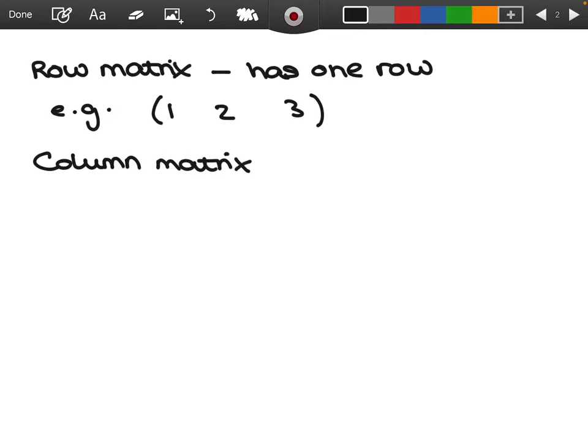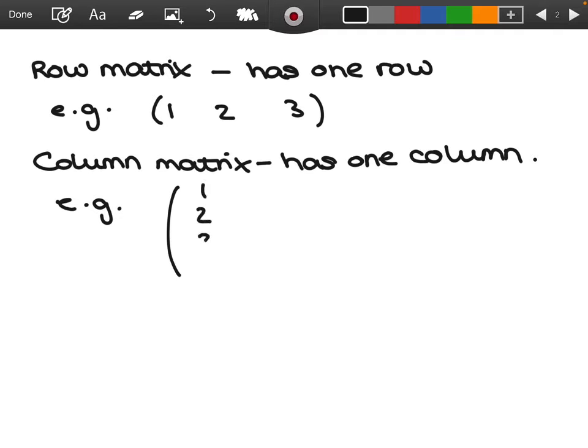A column matrix similarly has one column. An example of that would be something like this. It just has one column, however many rows. If you have a matrix that has the same number of rows and columns, then it is called a square matrix.